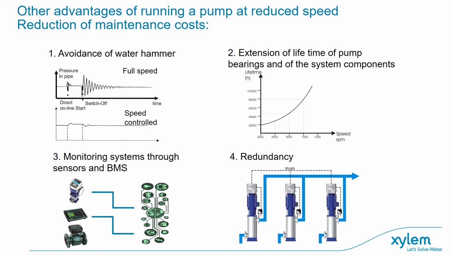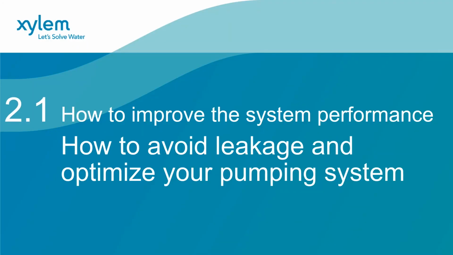And you also have the ability with the variable speed drives to build in redundancy into the system. So you can have pumps only running at 50% speed versus 100%. So you can have more intermediate operation rather than everything running at full speed.